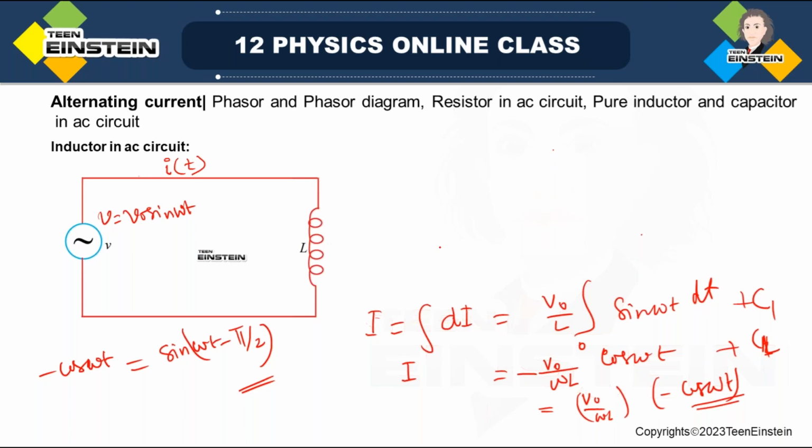So that's why it is better to write I equal to I0 sine of omega t minus pi by 2. Okay, so this is what we get, and the voltage was V0 sine omega t.